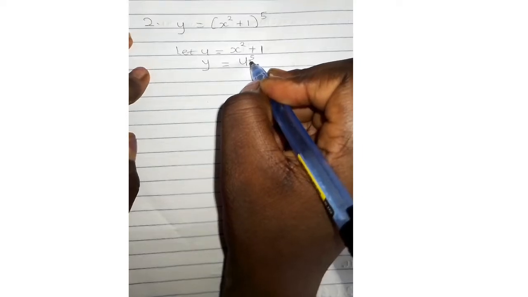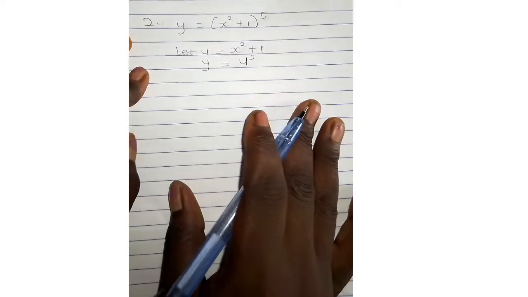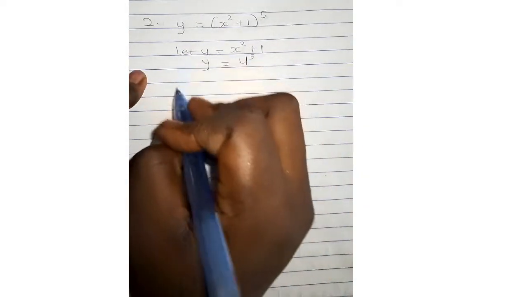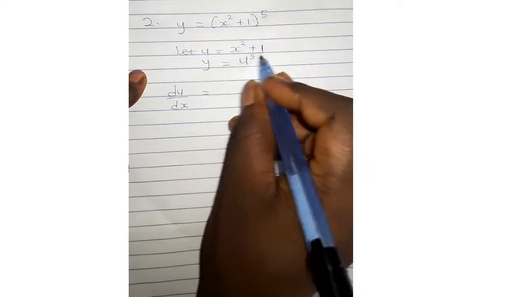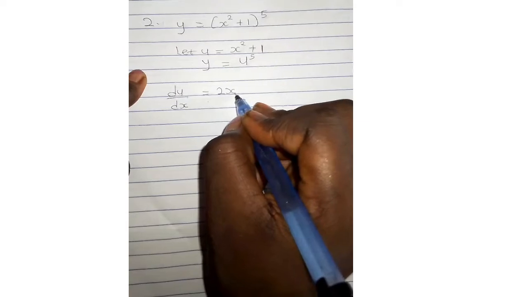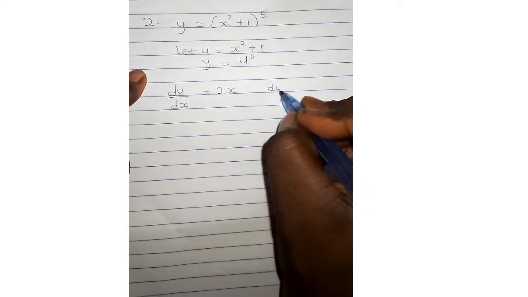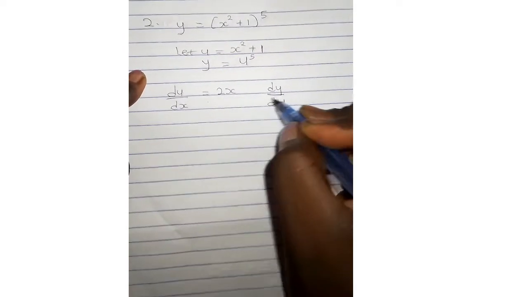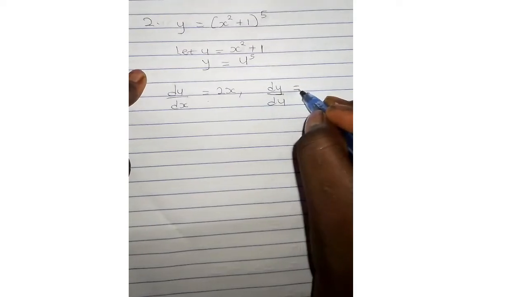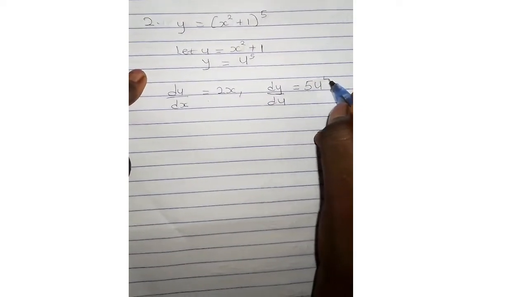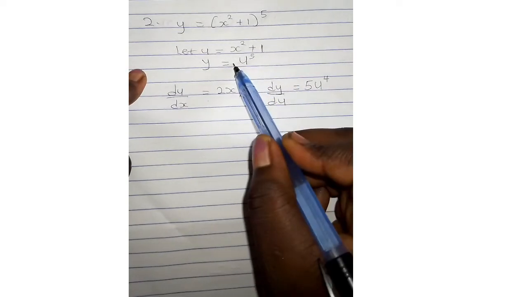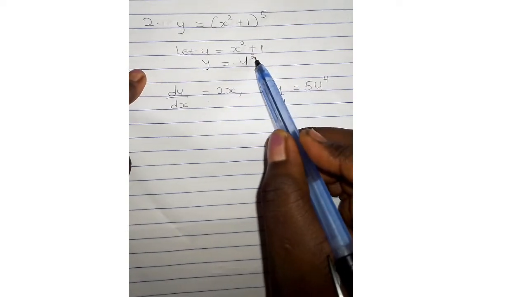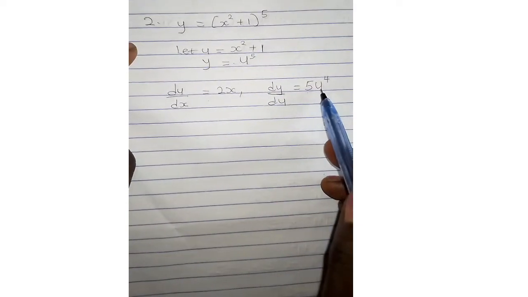So differentiating u with respect to x and y with respect to u, we're going to have du/dx equal to 2x, then differentiating dy/du, we're going to have 5u to the power of 4, which is to say 5 multiplies this place and we subtract 1 from the power.